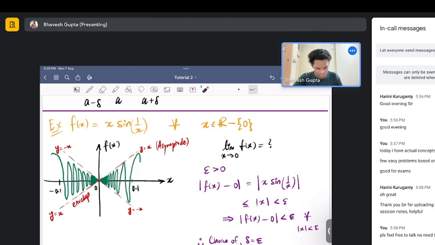And why is it rapidly oscillating around x equal to 0? Just because of this argument, it's 1 over x. This makes this oscillation very fast around x equal to 0. And the further you go from the center, the oscillations become less tight. I hope this explains why this function behaves like this.